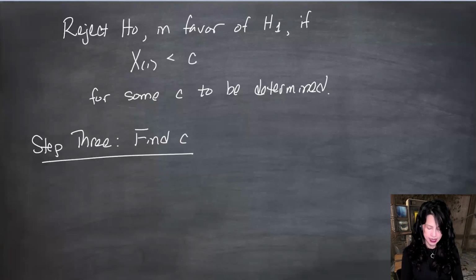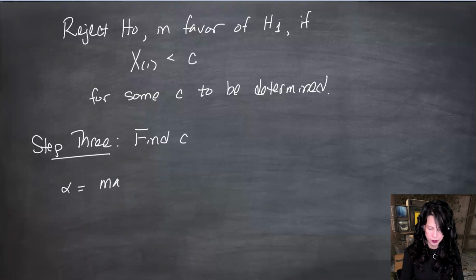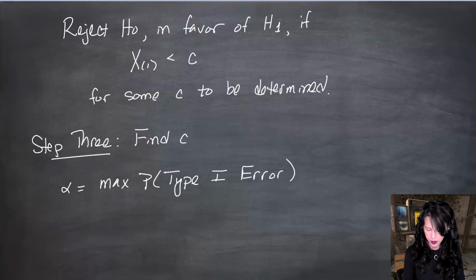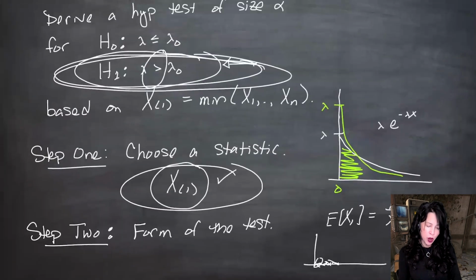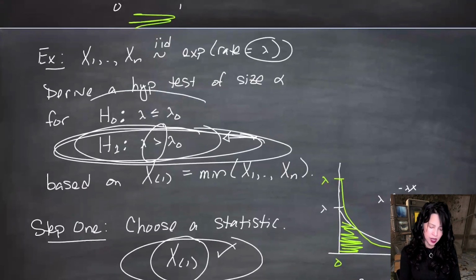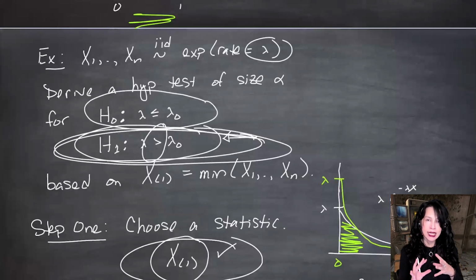And you find C using alpha. So alpha is the maximum probability of making a type 1 error. There's a maximum there because the null hypothesis is composite, but technically you could always put a maximum there.